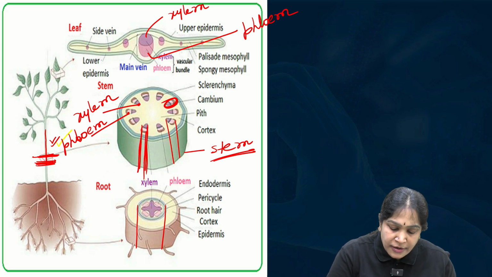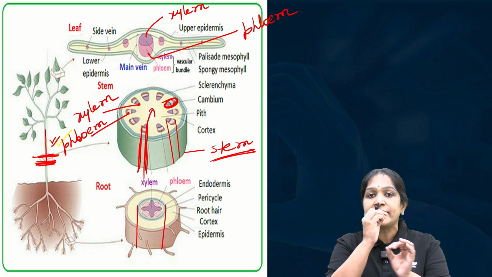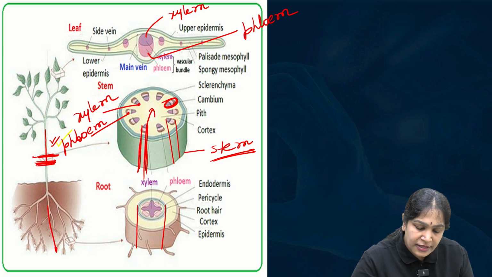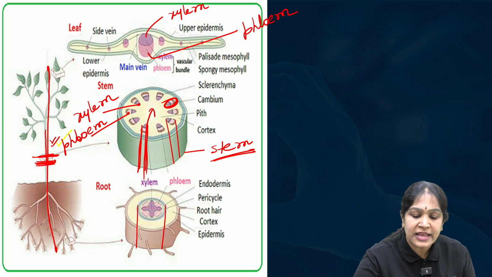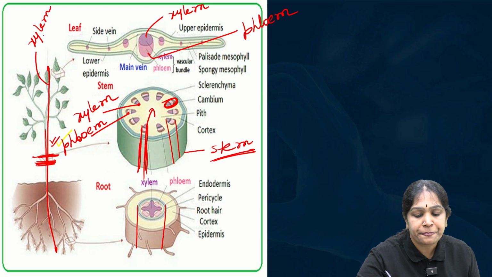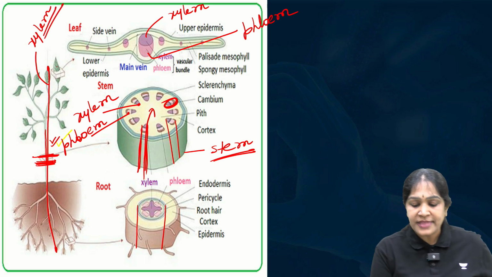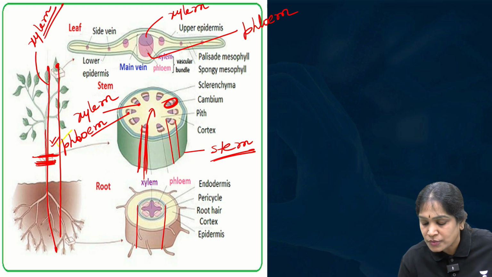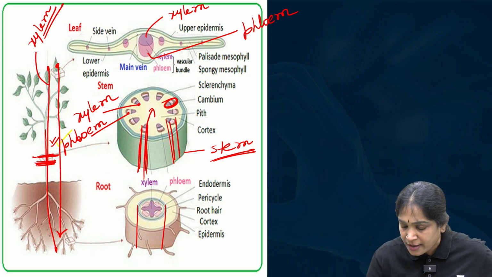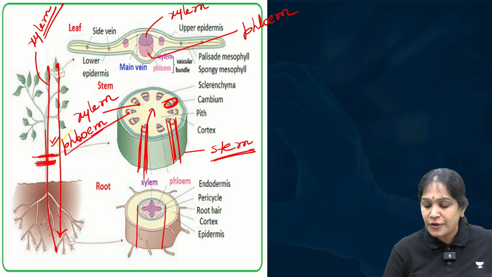So, water goes like through a straw, water is sucked. For example, from the roots, the water goes to the leaves through a straw called xylem. Next, from the leaves to the roots, the food goes in another type of straw called phloem.